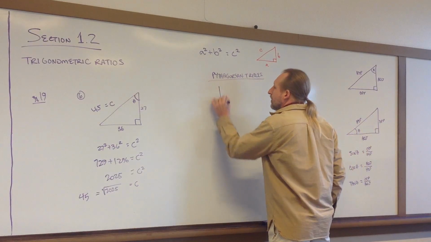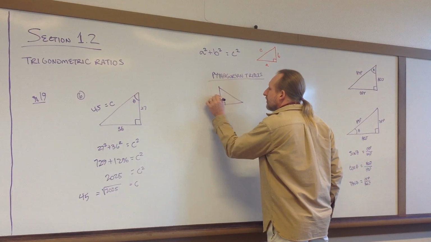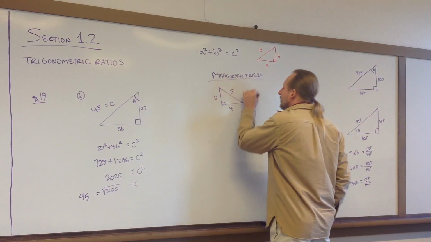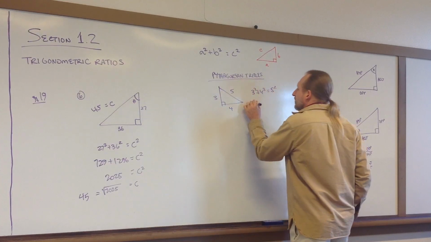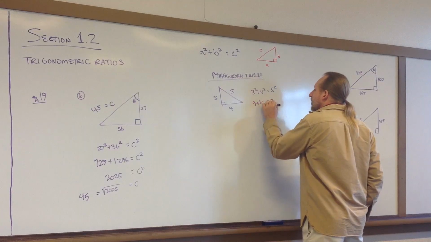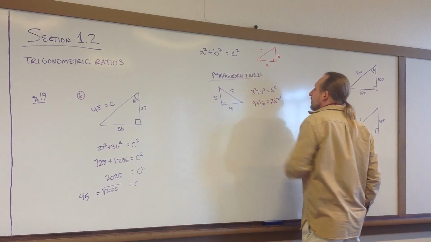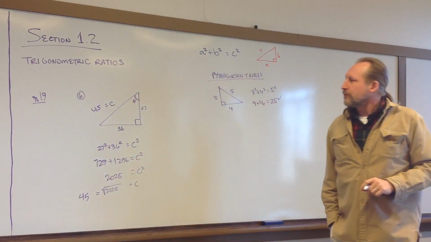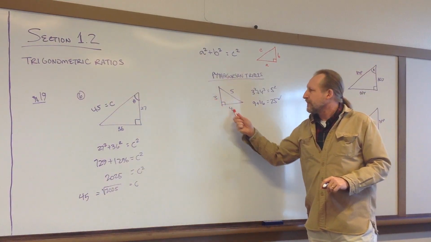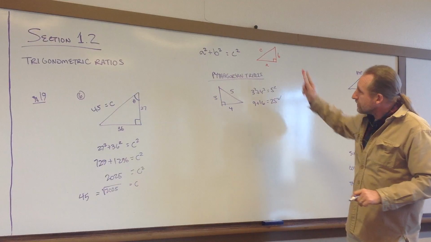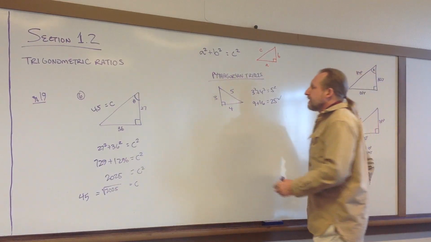Okay? One of them is 3, 4, 5. So 3 squared plus 4 squared equals 5 squared, right? 9 and 16 will be 25. All right? So anything that is in the form 3, 4, 5 will also satisfy the Pythagorean theorem, right?